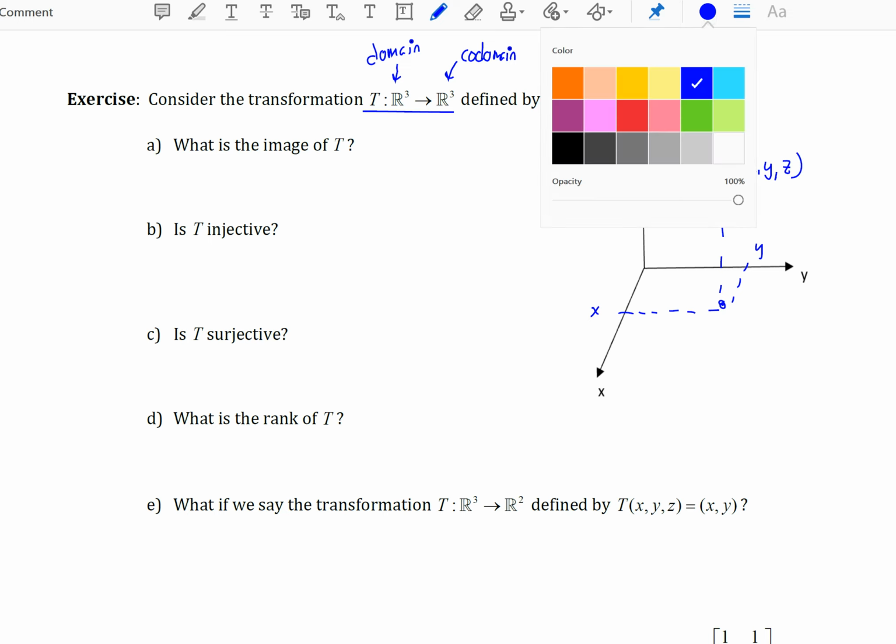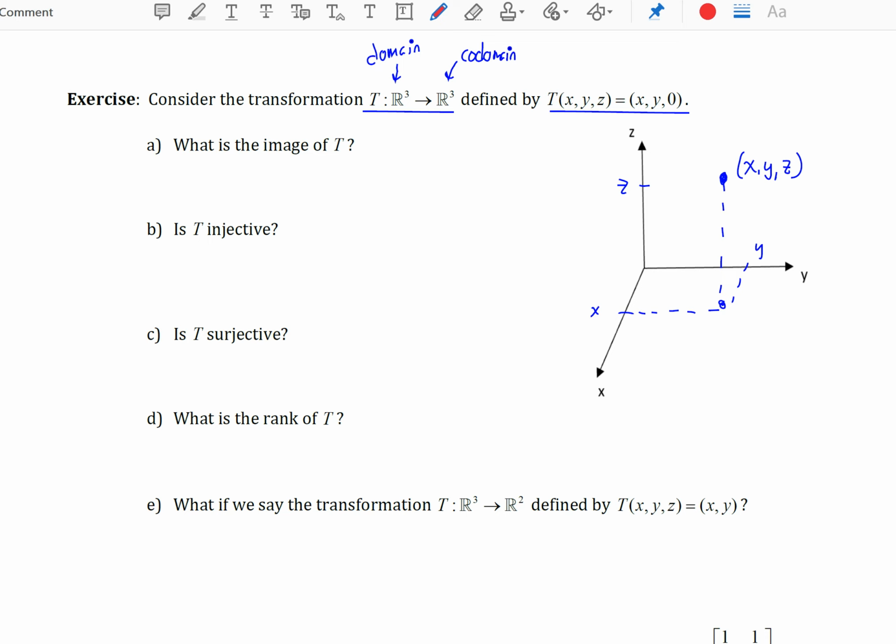And what this transformation does is it makes the z coordinate equal to 0, which projects this point vertically downwards until it hits the xy plane. It gives us the point x, y, 0.